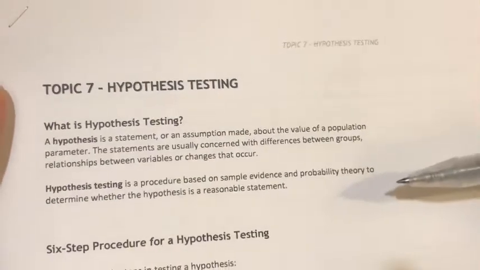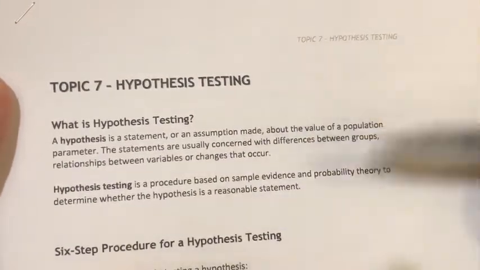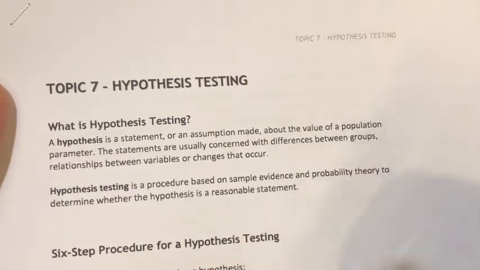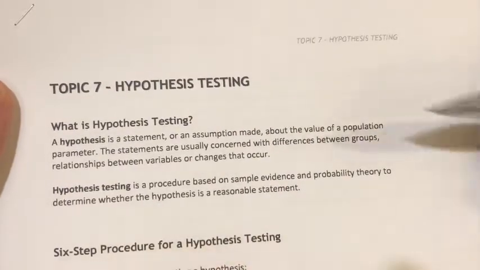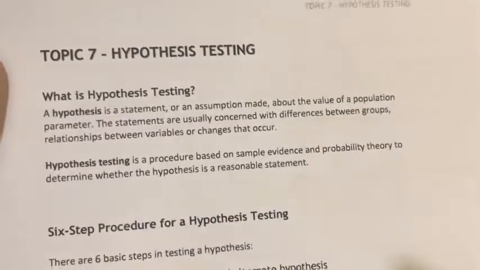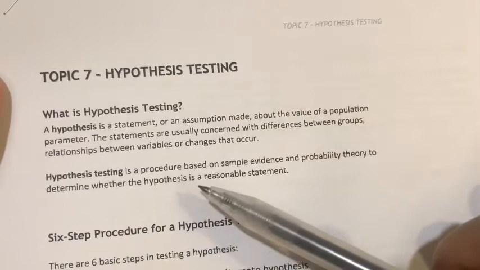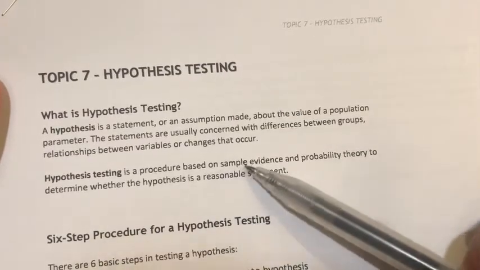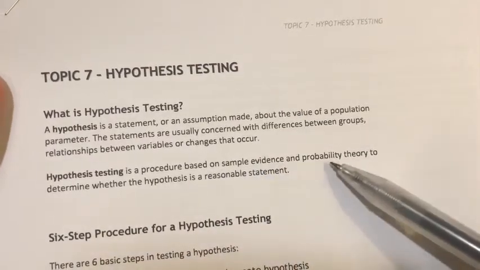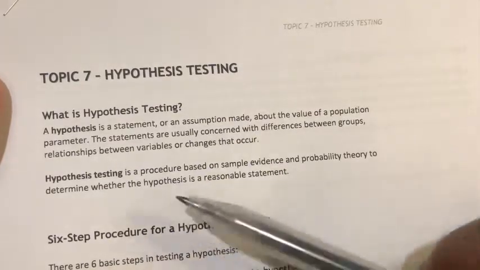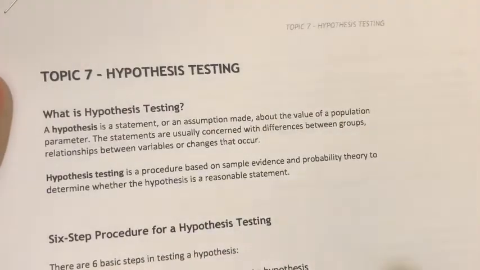The process of generalizing whatever information I get from my sample back to the population is called hypothesis testing. Hypothesis testing is basically a procedure based on sample evidence and probability theory to determine whether the hypothesis that I made before was reasonable or not.